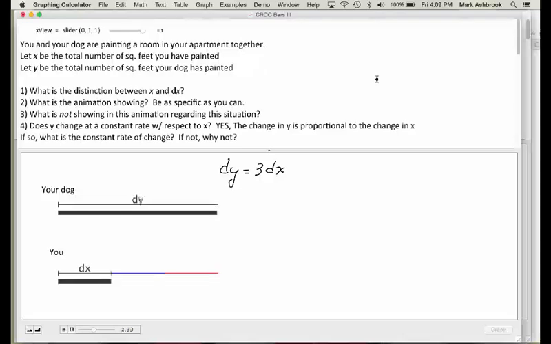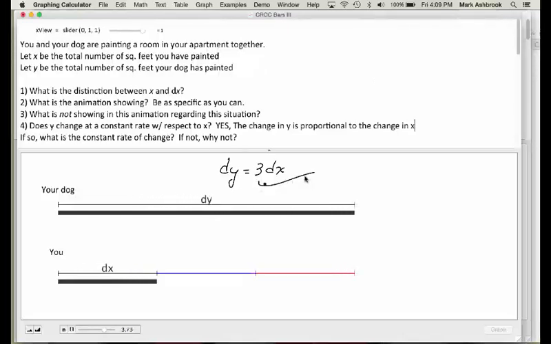Okay, and what is the value of the constant rate of change? Well, it's this value right here. It's the constant rate of change.